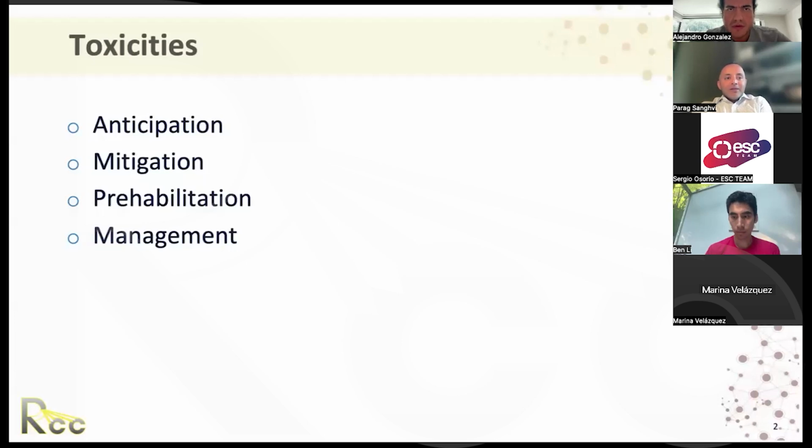Historically, as we've managed side effects, it's usually been once the side effects have begun that we start treating them. I think over the last 5 to 10 years, there's been a lot of focus on anticipating side effects and perhaps starting prehabilitation or using strategies to mitigate them, to really decrease the severity of these side effects as they happen, or sometimes even prevent them before they happen.